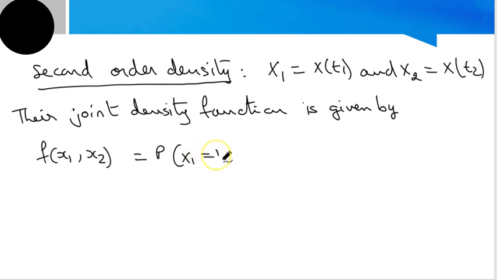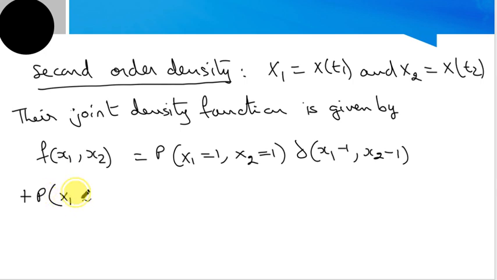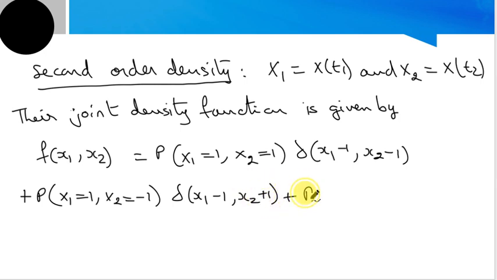x1 equal to 1, x2 equal to 1 into delta of x1 minus 1 comma x2 minus 1, plus, I have to consider all the possibilities, probability of x1 equal to 1 and x2 equal to minus 1 into delta of x1 minus 1 comma x2 plus 1, plus probability of x1 taking the value minus 1 and x2 taking the value 1 into delta of x1 plus 1 comma x2 minus 1.